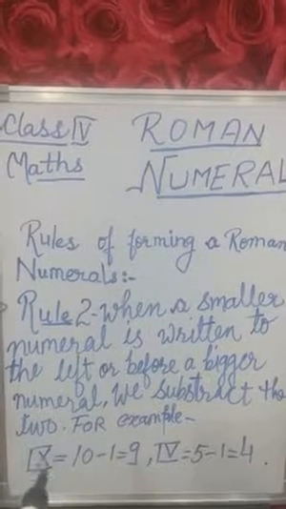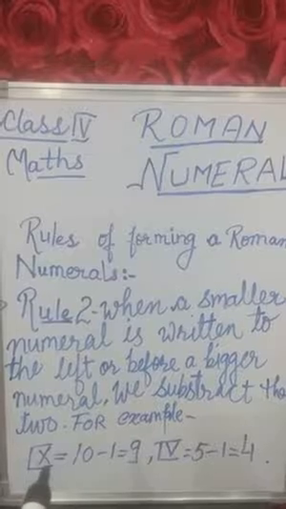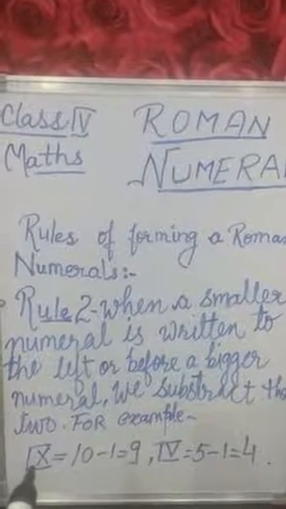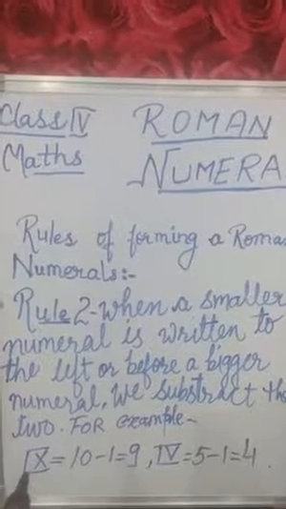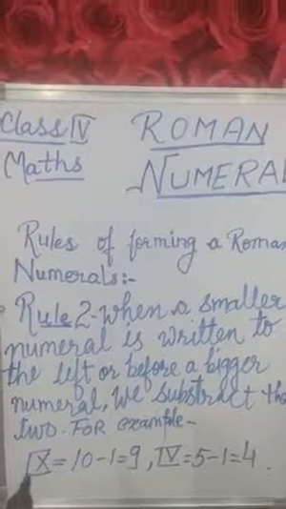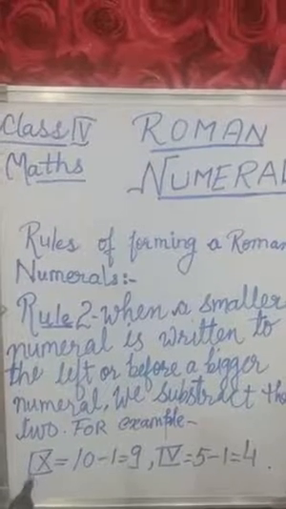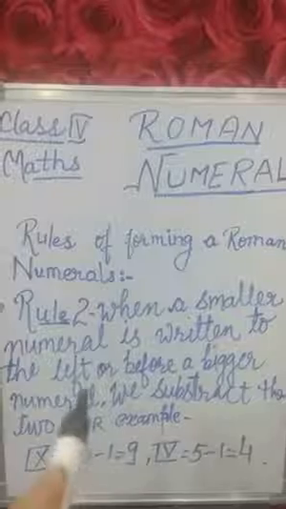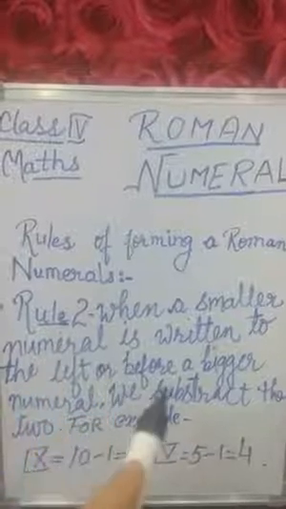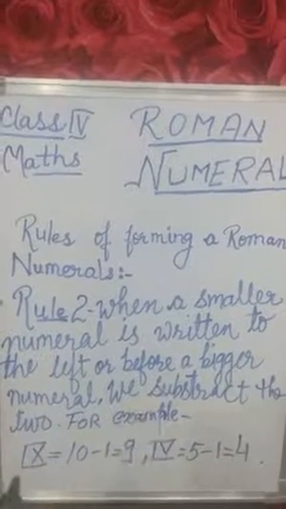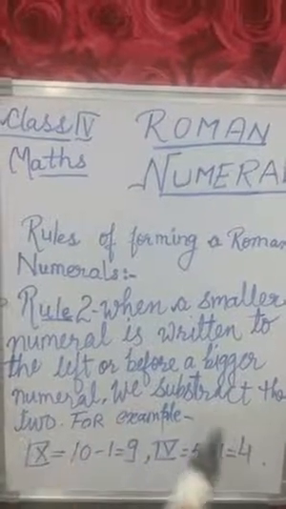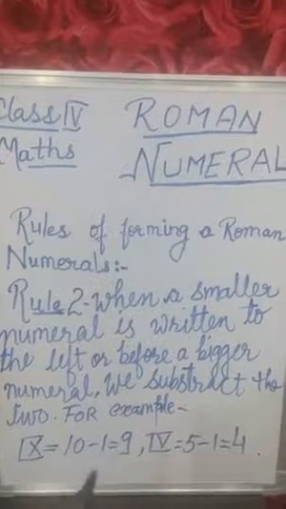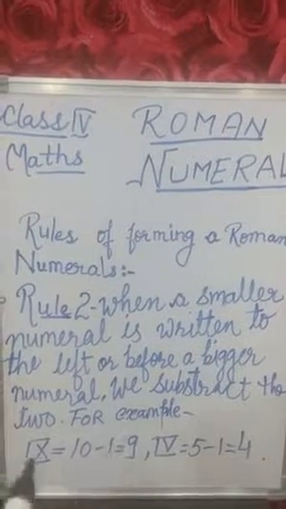That is, what's the value of X? Value of X is 10 and value of I is 1. So here 1 is written on the left of the bigger numeral, or before a bigger numeral. So what we will do, we will subtract. In rule 1 we have to add, when it is written on the right hand side, but here you have to do the subtraction. You have to subtract the two.